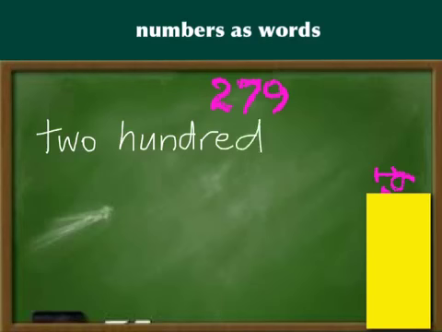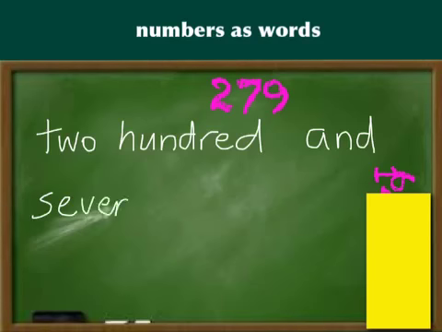There's my 200, and there's my 79. So that word, 279, is the same as the number at the top of the screen.